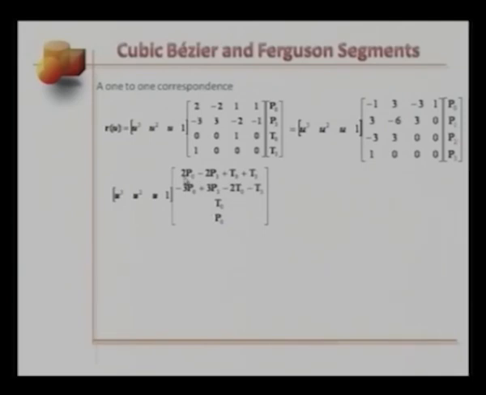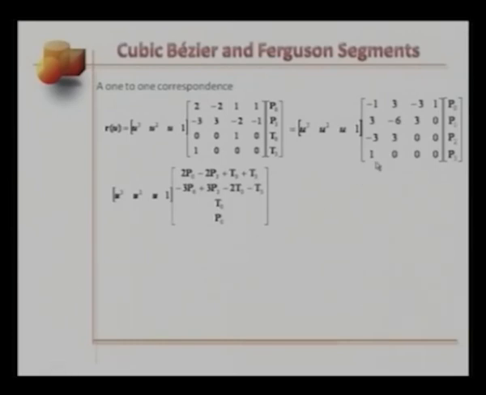So the first term is 2 times p sub 0 minus 2 times p sub 3 plus t0 plus t3. The second term is minus 3p0 plus 3p3 minus 2t0 minus t3. The third term is t0, that's the first slope, and the fourth term is p0, that is the first point.